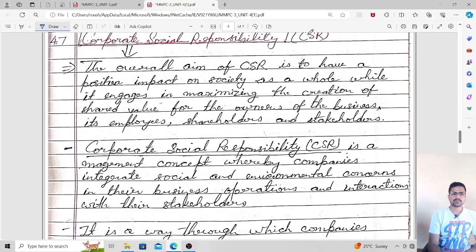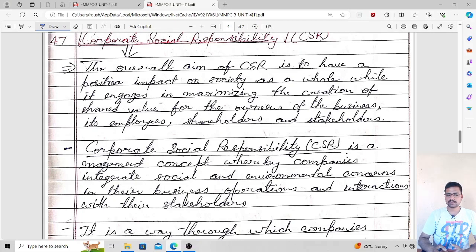Now next you have corporate social responsibility, CSR. The overall aim of corporate social responsibility is to have a positive impact on society as a whole, while it engages in maximizing the creation of shared values for the owners of the business, its employees, shareholders, and stakeholders.